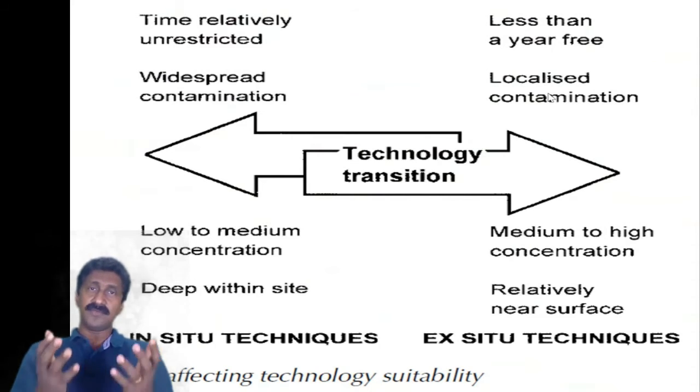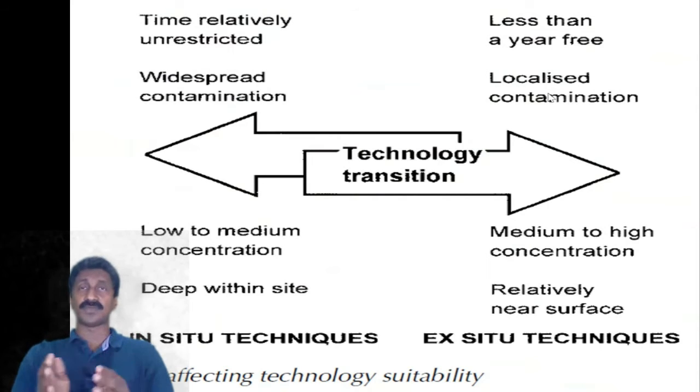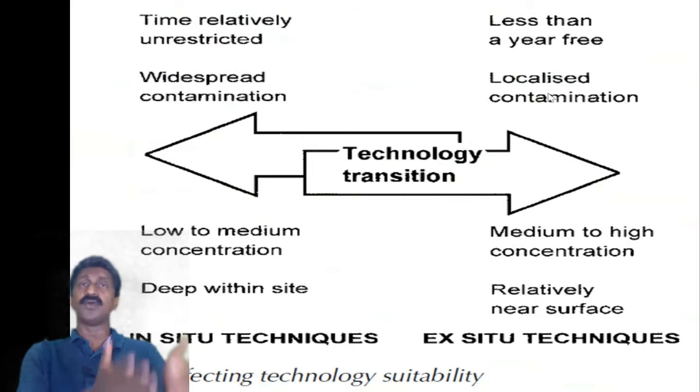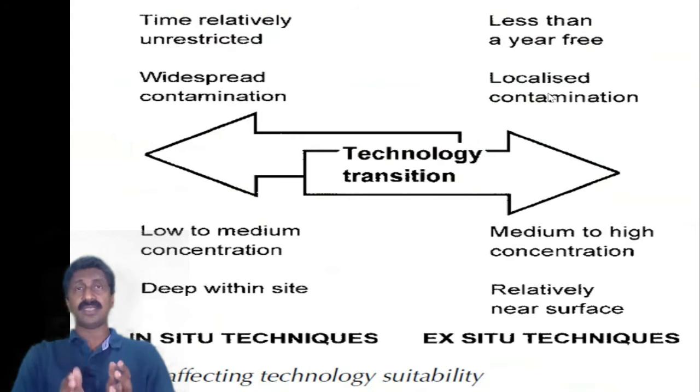So if it is a relatively time unrestricted process, it is a going on process. Pollution is continuously going on at smaller quantity, not in very high concentration, and for a longer period. Then it is better to use an in situ technique, because you can't move that contaminated soil or water to another site for treatment within a short period.